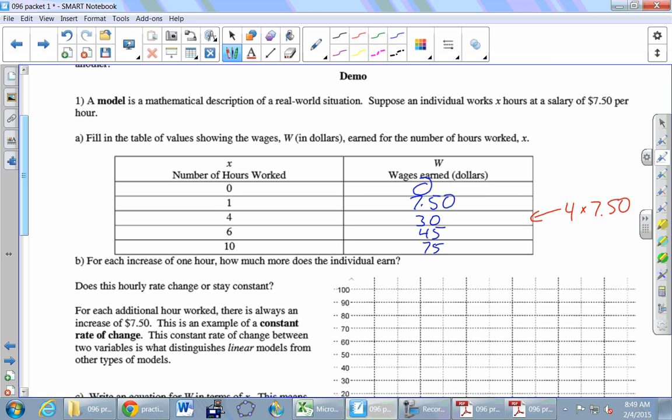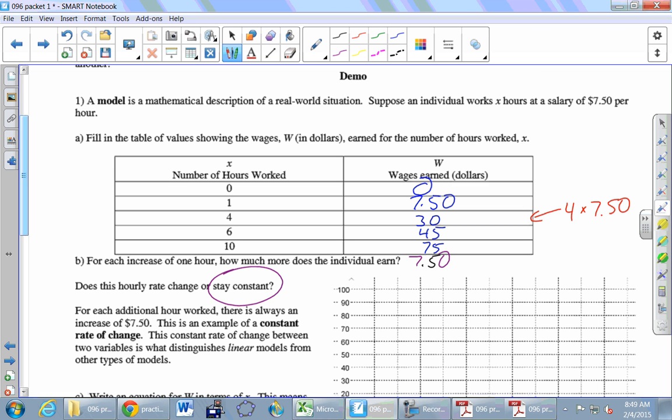Okay, so moving on to part B. Could you read part B for us? How much does this person earn for every additional hour? $7.50, yeah? And it's a constant change of $7.50 every hour, right? And so does this rate of change, does this hourly rate change or stay constant?